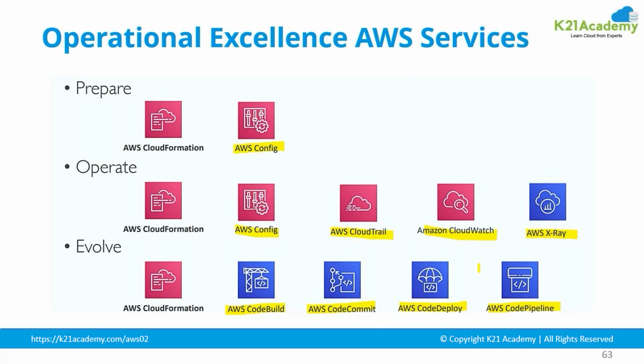Rather than doing it manually, try to use these managed services of Amazon for building the code, for committing the code, for deploying the code in the production environment, for maintaining the code pipeline. So use these tools, because all these tools which I am talking about are Developer Associate tools.